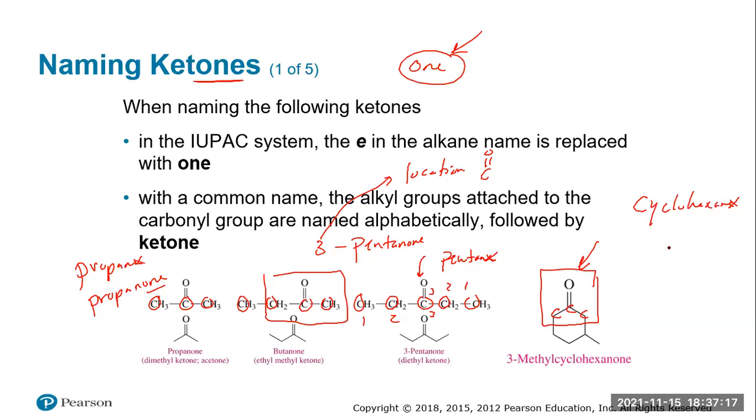Drop that, that becomes cyclohexanone. Do not need to give the location of this guy because it will always be carbon number 1 in here, but that means that carbon 2 and carbon 3 is where we have a methyl group, and that would give us 3-methylcyclohexanone. Again, smallest number in doing so. Any questions on that one there?